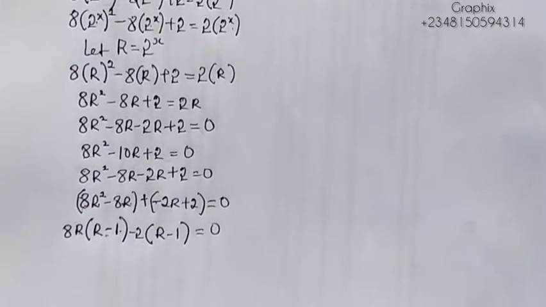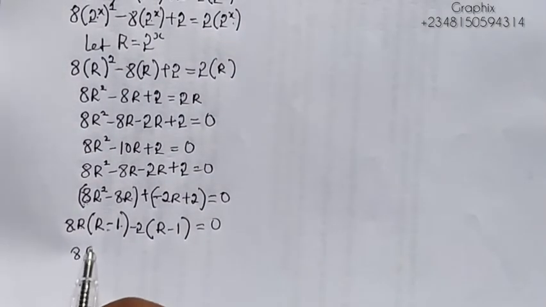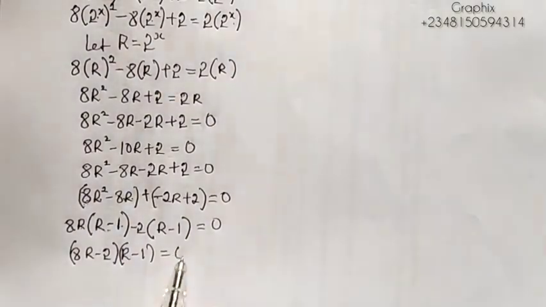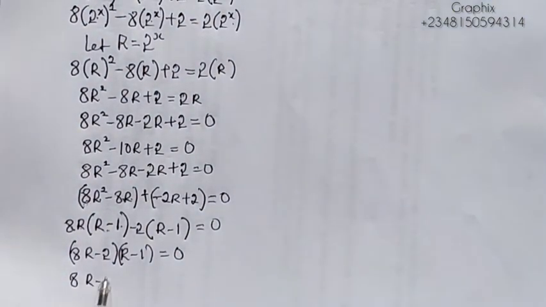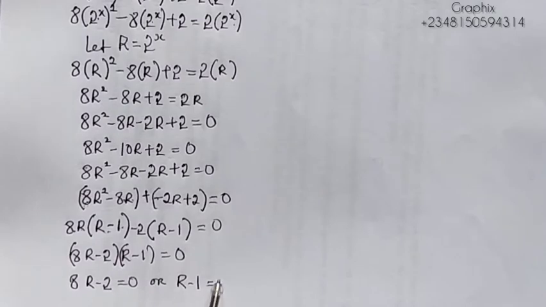So from here, I'm having 8r minus 2, then I have r minus 1, equals to 0. Right? Now from here, 8r minus 2 is equals to 0, or r minus 1 is equals to what? 0.